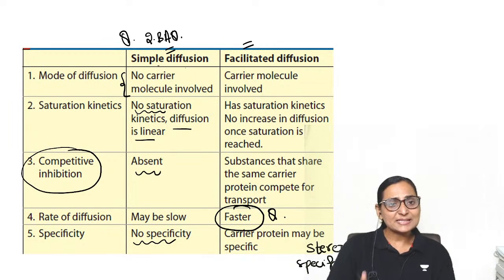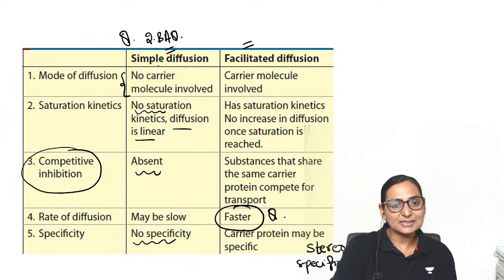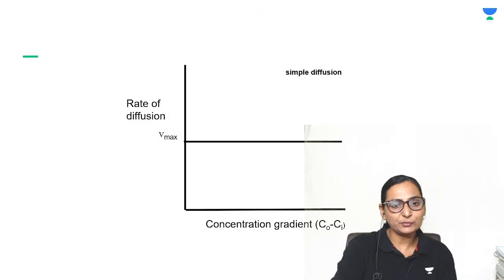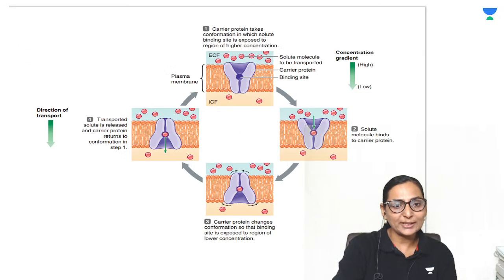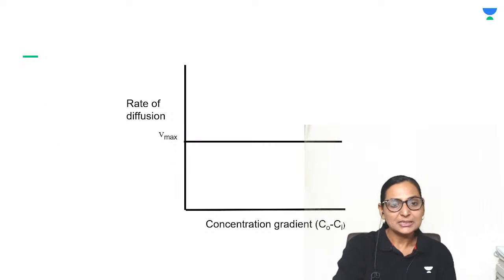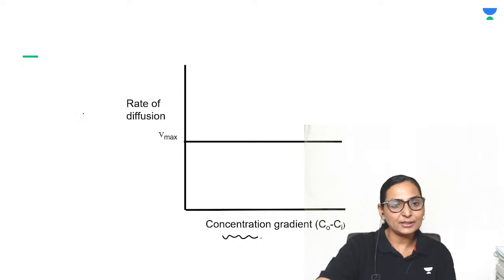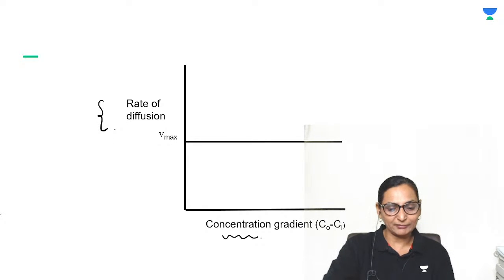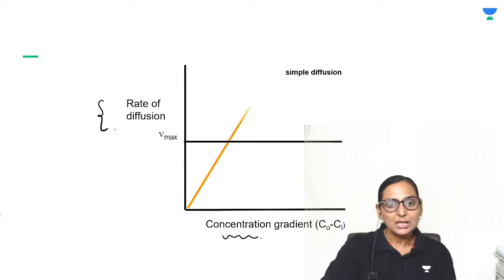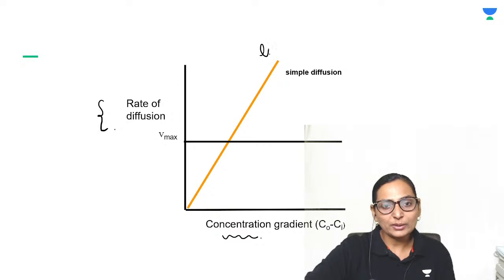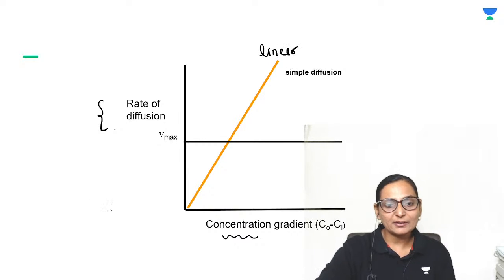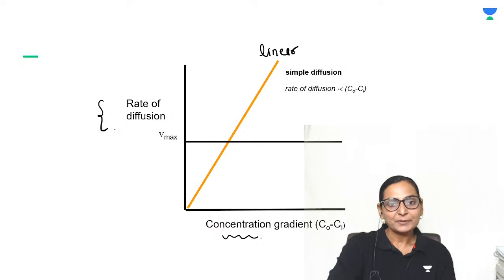Right? Now the same thing, that is the difference between the simple and the facilitated diffusion, can also be shown in the form of a graph. See now, on x-axis you take concentration gradient, on y-axis you take rate of diffusion. So this is a linear correlation. That means you keep on increasing the concentration gradient, there will be increase in diffusion. There is no saturation. This is facilitated diffusion.